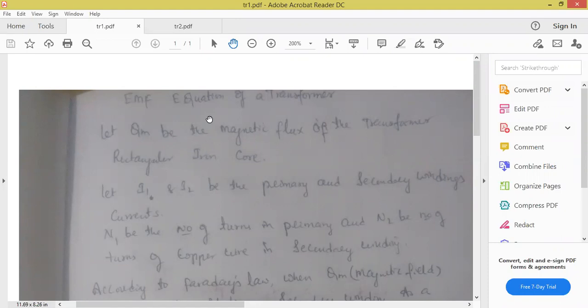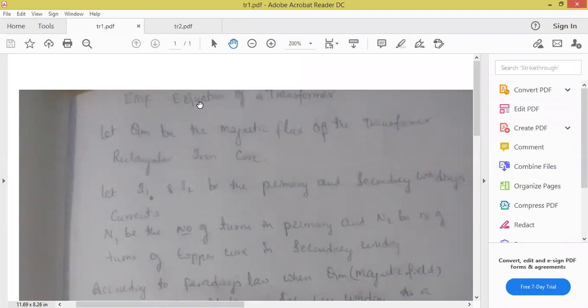The new document is visible on the screen. What is EMF here? Another name for voltage is electromotive force. The EMF equation says how much electricity is transferred from primary winding to secondary winding.